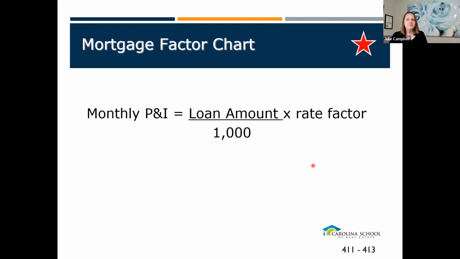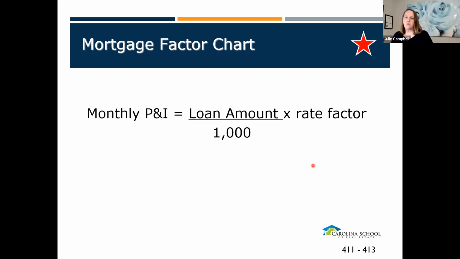Is that good news? They will either provide you with the rate factor, they will tell you the 5.37, or I have heard at PSI Testing Center, students tell me that the mortgage rate factor chart is blown up as a big poster on the wall. So if they don't give you that 5.37, you need to know how to find it. And that's what we just did. We found the 5% in the 30-year term.